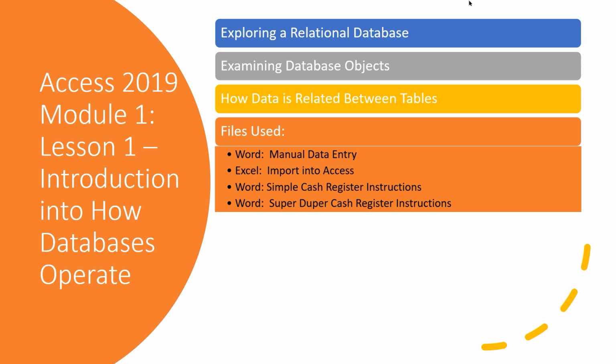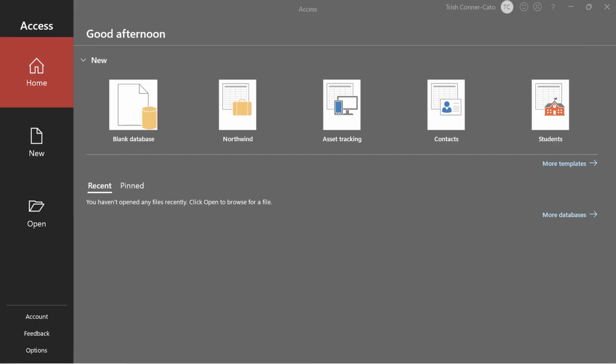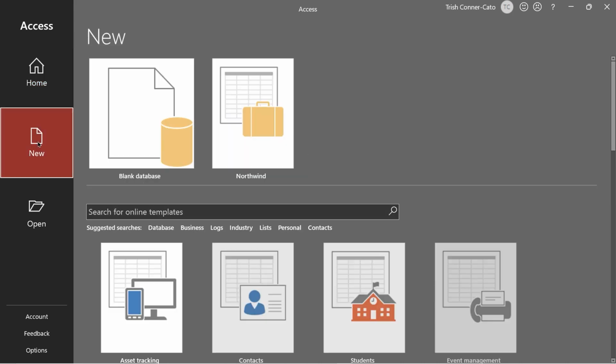Once you have the files, go ahead and open the Access application. Once you launch Access, you're on the welcome screen. We're going to use a pretty popular freeware database to explore the different components of a relational database. So on the left side of this screen, you're going to click on the New icon.